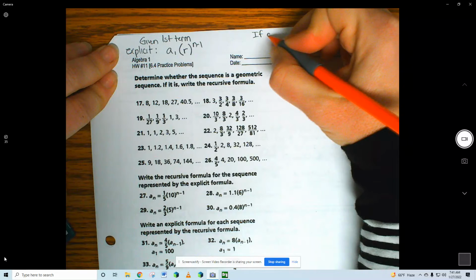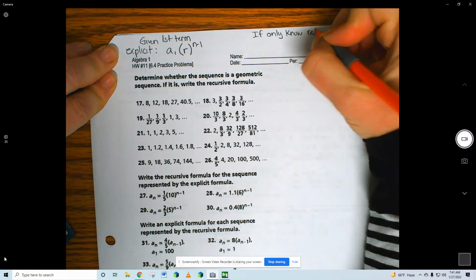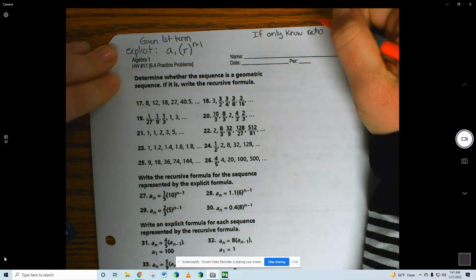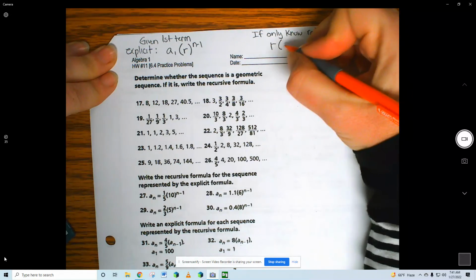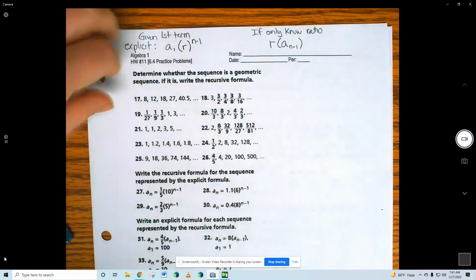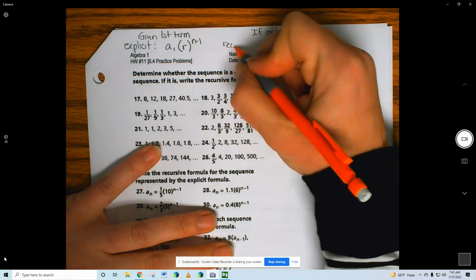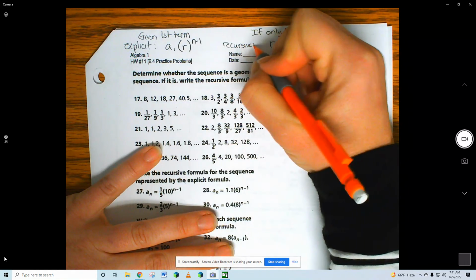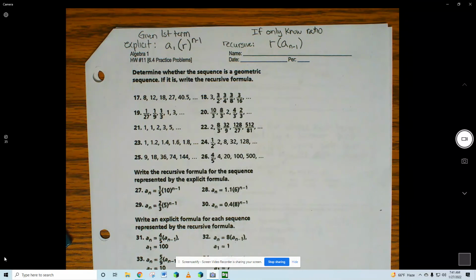If you only know the ratio, you do r times a, and you just leave the n minus 1 as a sub n minus 1. And this is called recursive. So you need to know the difference between the two because it asks you sometimes to go from one to the other.